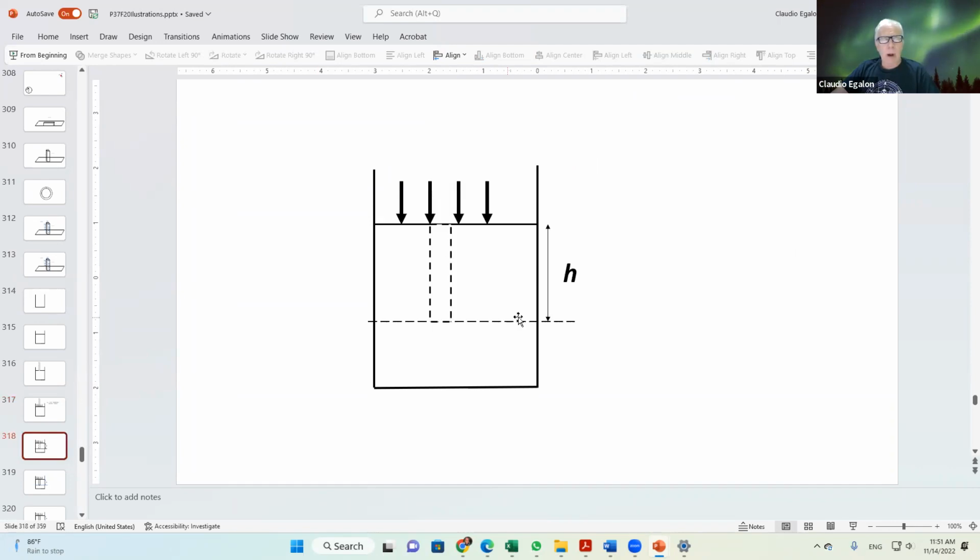But what if you are submerged? What if you have an object below, submerged under the water at this point? Can we find out what's going to be the pressure due to the water alone?